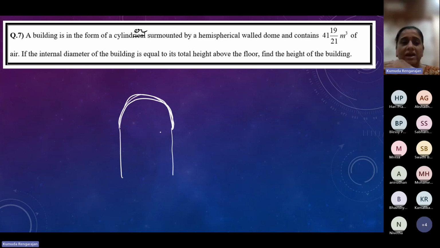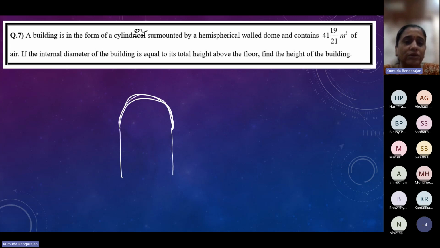The volume of the air in the building is the volume of the cylinder plus the volume of the hemisphere, because the building is the cylinder and the hemisphere put together, which is 4119 by 21 meter cubed.